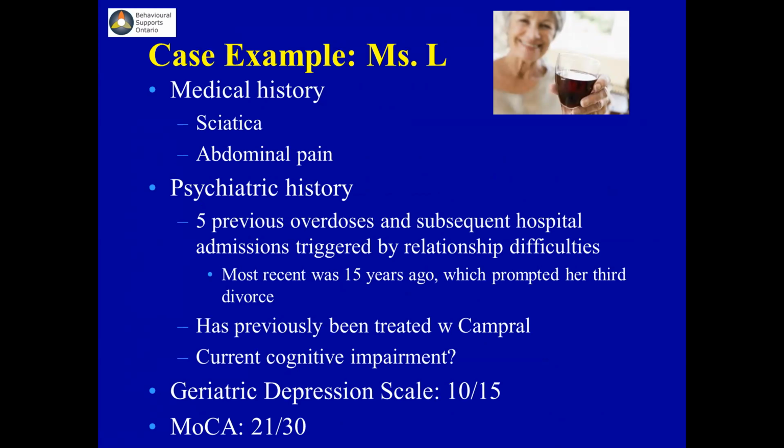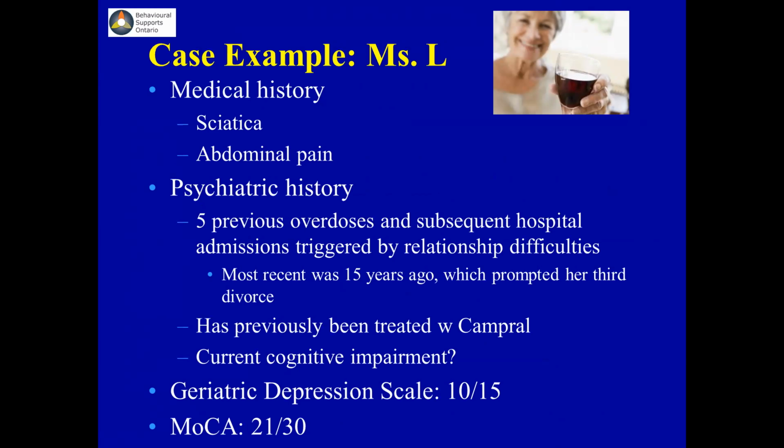So I think she was on her 3rd or 4th marriage at the time that I saw her, and the breakdown of each marriage or relationship often led to one of these overdoses. The most recent was 15 years ago, which was what prompted her 3rd divorce. She had been previously treated with Campral, or acamprosate, to no effect. I don't know how long she was actually on it.